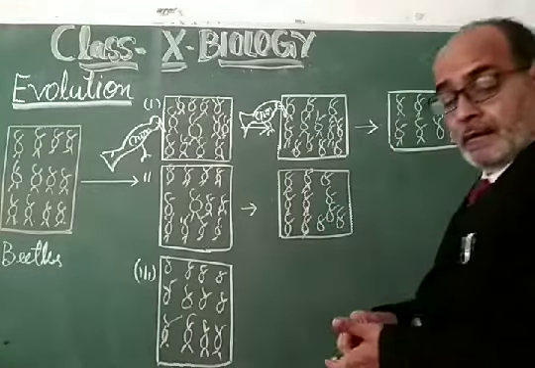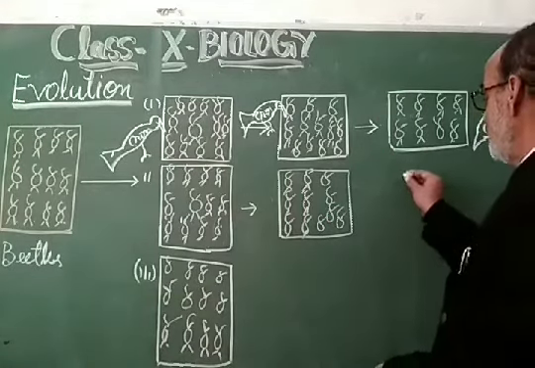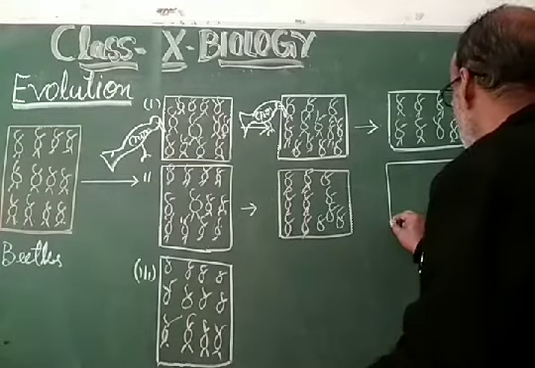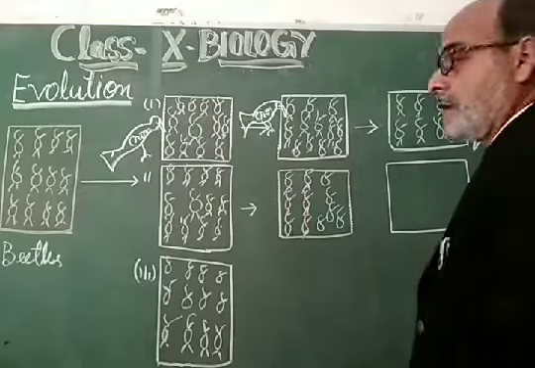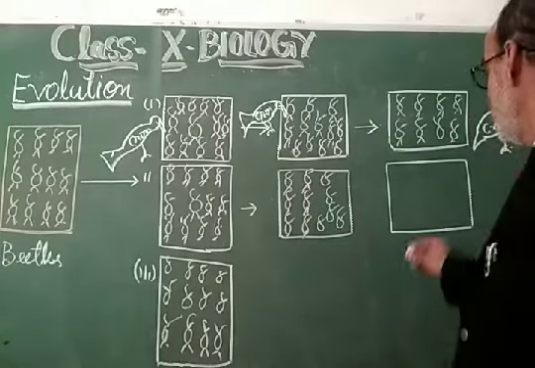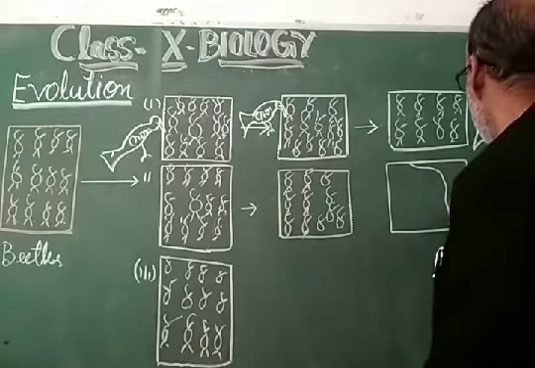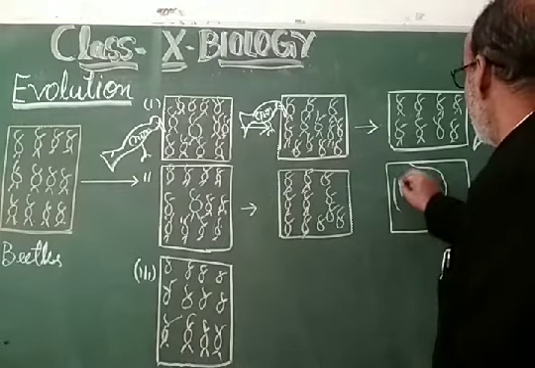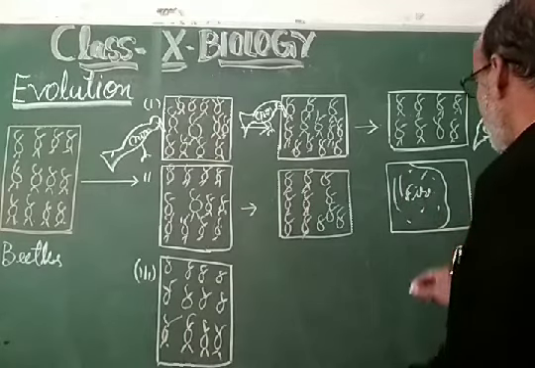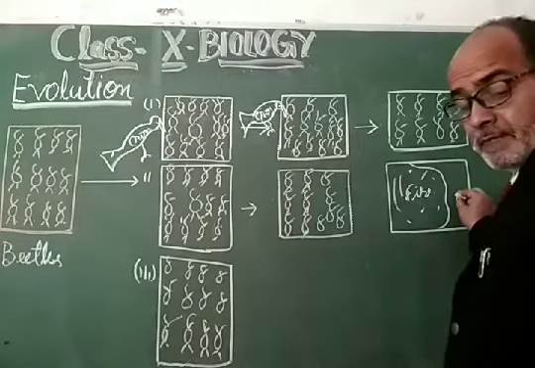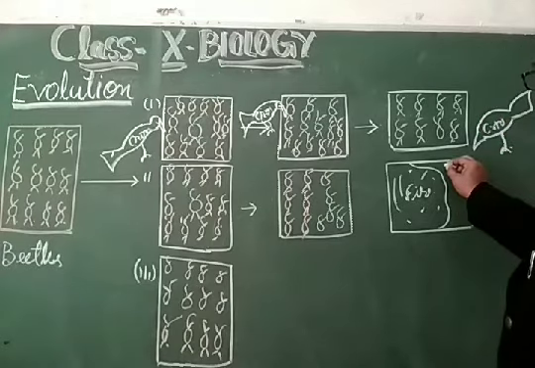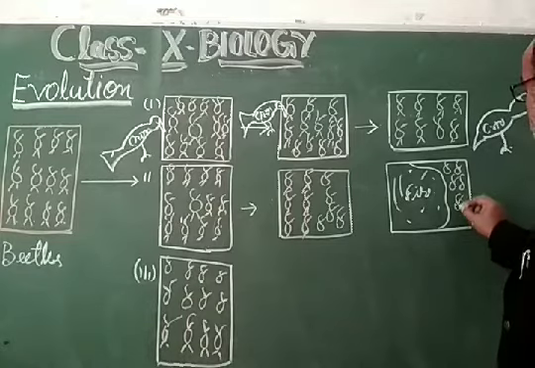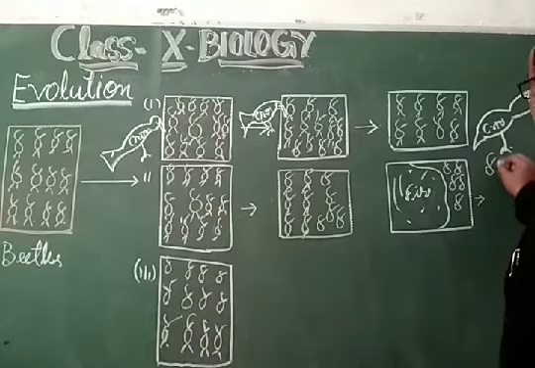There will be a foot of an elephant over there, or fire. If fire destroys the population of red beetles, this is fire, and the red beetles get destroyed. So what happened? Only green beetles will remain, and they produce only green beetles.